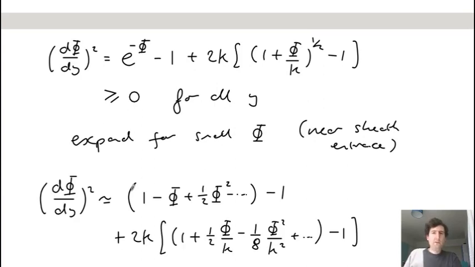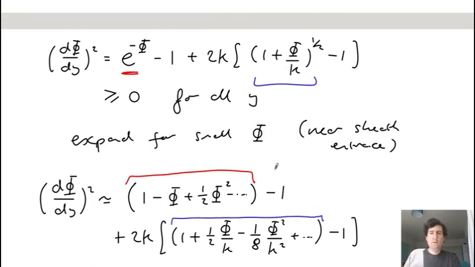So here I've expanded the exponential, e to the minus phi, as this term here. So this exponential becomes this part here, and this term here has become this expansion down here. And then we can cancel out some of these terms.